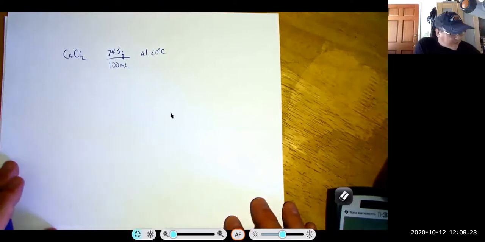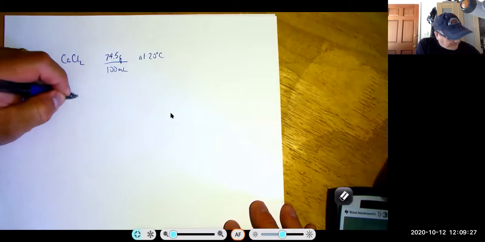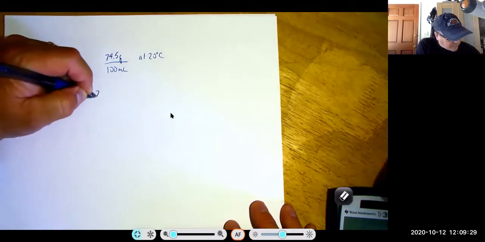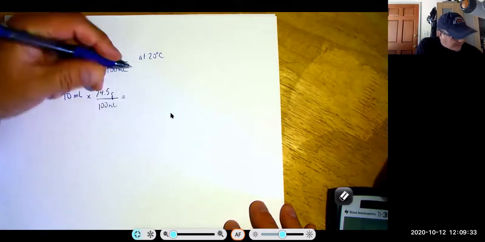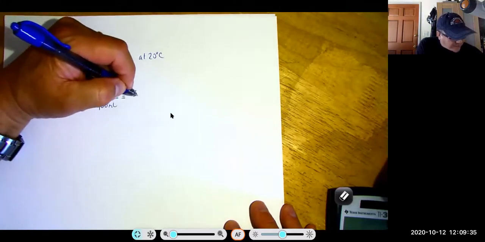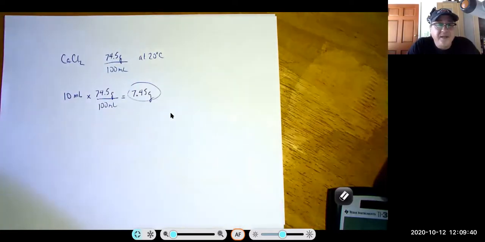And you're going to be doing the experiment at room temp. So we're going to take our 10 mils, multiply by 74.5 grams over 100 mils. And we find out that 7.45 grams will dissolve in 10 mils. So do you plan on dissolving more than 7.45 grams?